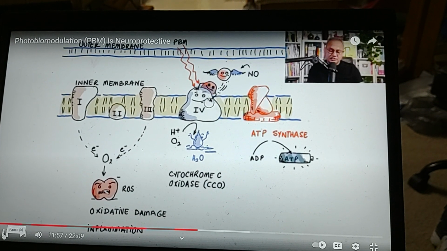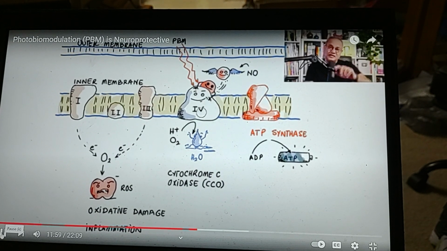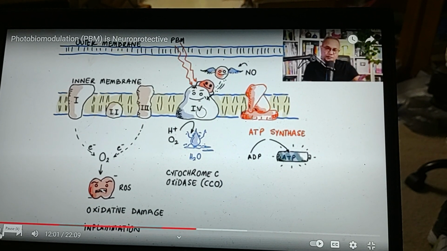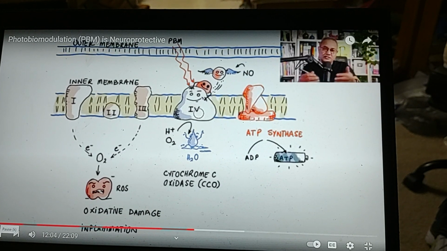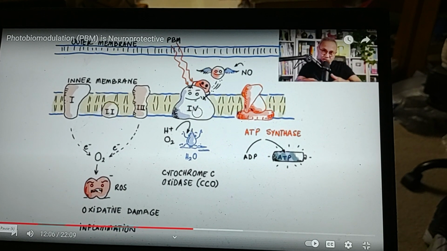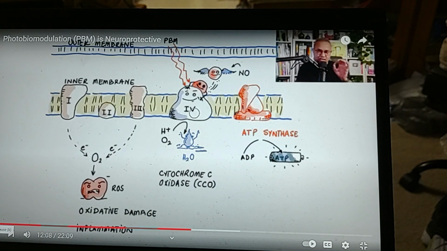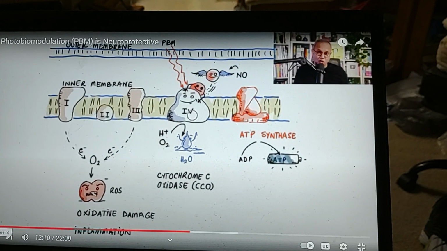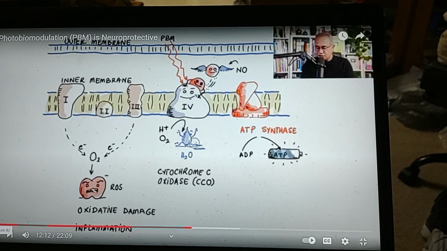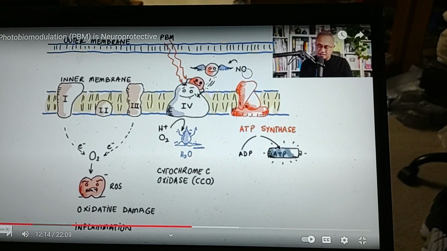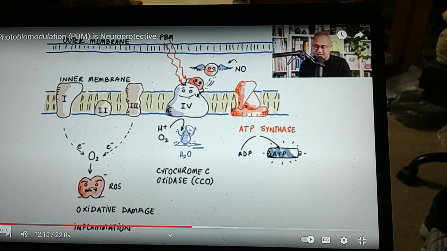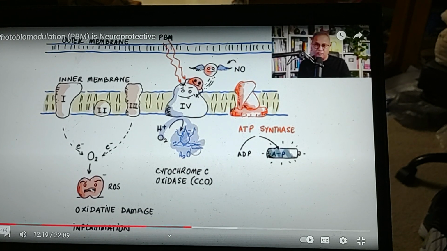Second, dissociation of nitric oxide from complex 4 disinhibits the complex 4, meaning it allows, enables and empowers complex 4 to start functioning more. As soon as complex 4 functions more, it helps produce more proton gradient that causes more ATP synthesis.